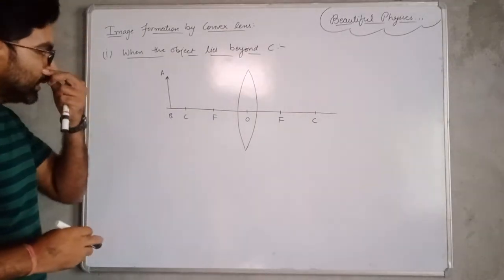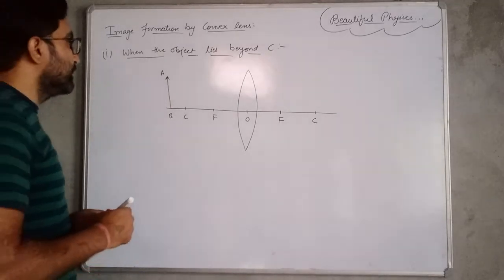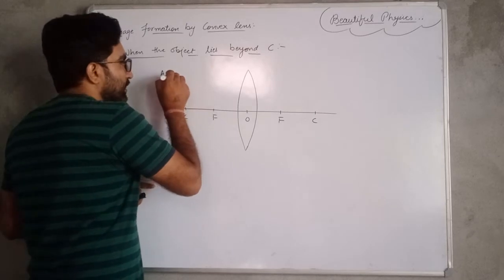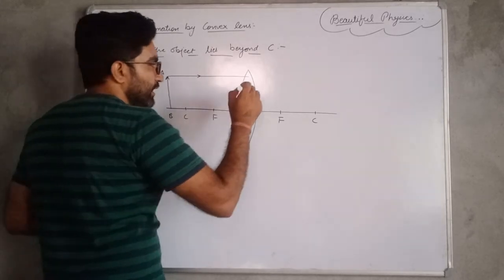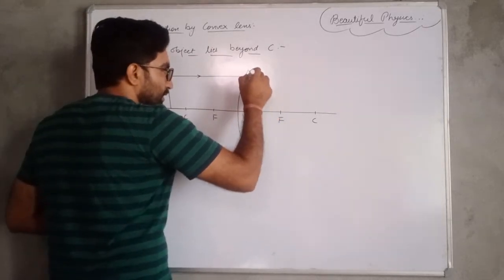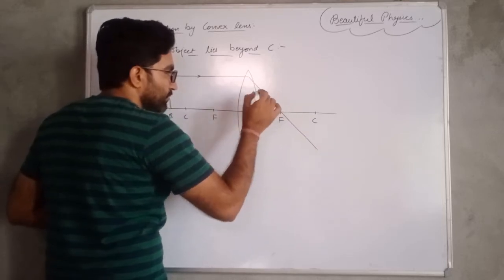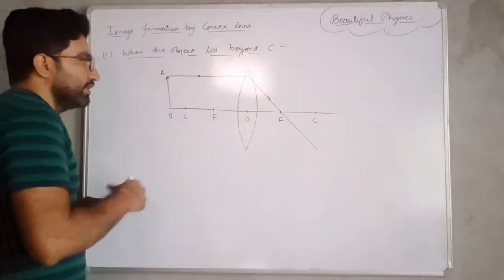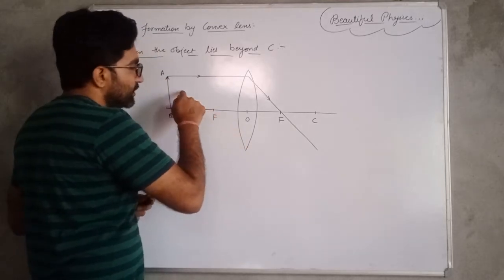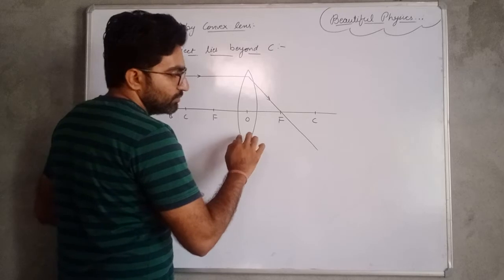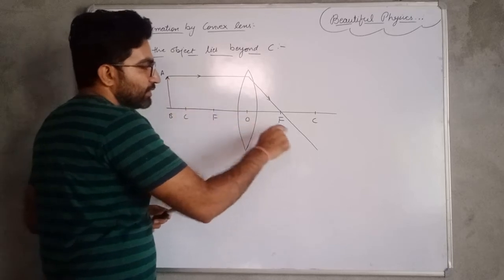Okay, so for the image formation, we have to take two rays of light. First I am taking the ray coming parallel to the principal axis, and the ray coming parallel to the principal axis, after refraction, passes through the focus. Next, we can take either a ray of light passing through the focus, which will be parallel to the principal axis after refraction, or secondly, we can take the ray of light passing through the optical center.